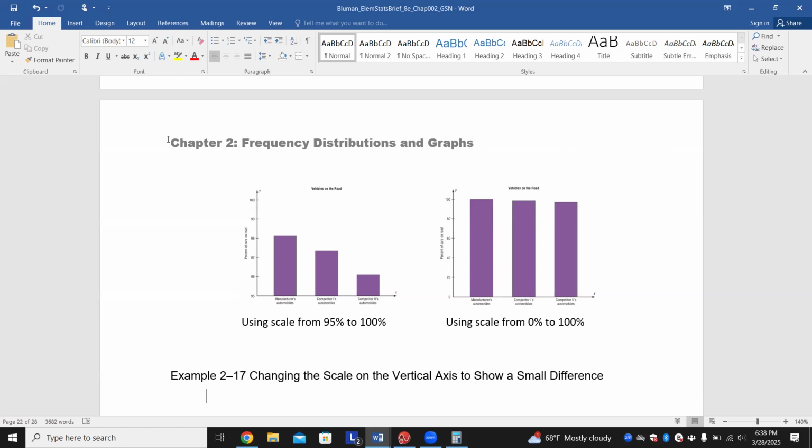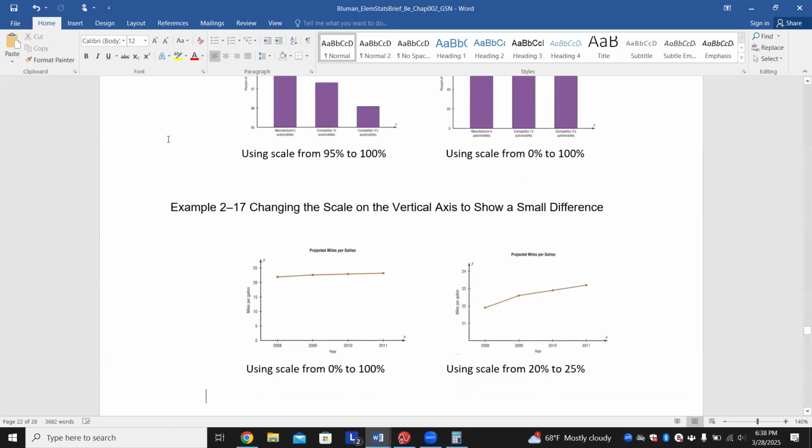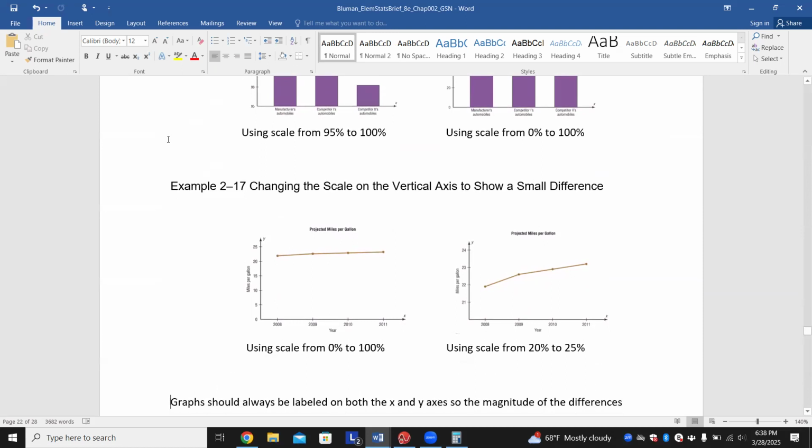Let's look at example 7 now. Changing the scale on the vertical axis for a line graph, or in this case, this would be a time series graph. So you can see if I go 0 to 25, going by fives from 2002 to 2011, it doesn't look like it moves at all. It looks like it goes from about 22 to about 23 or so.